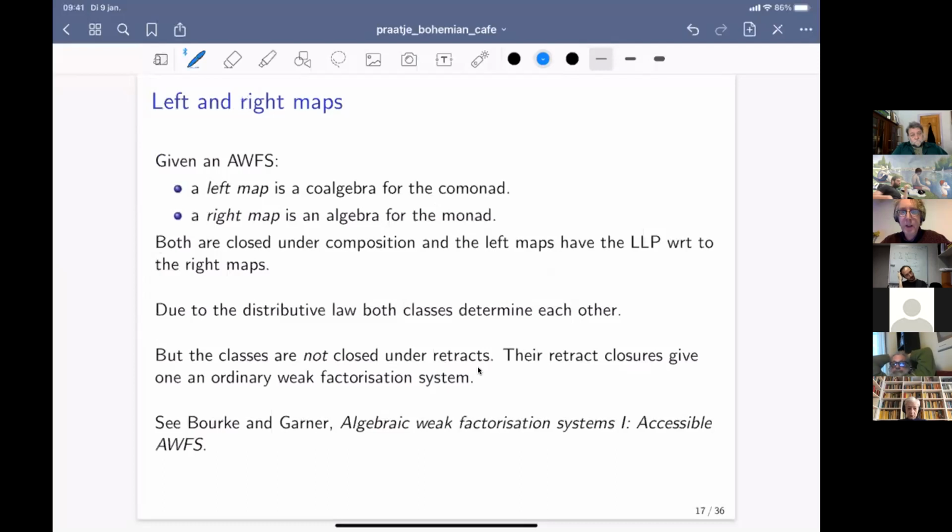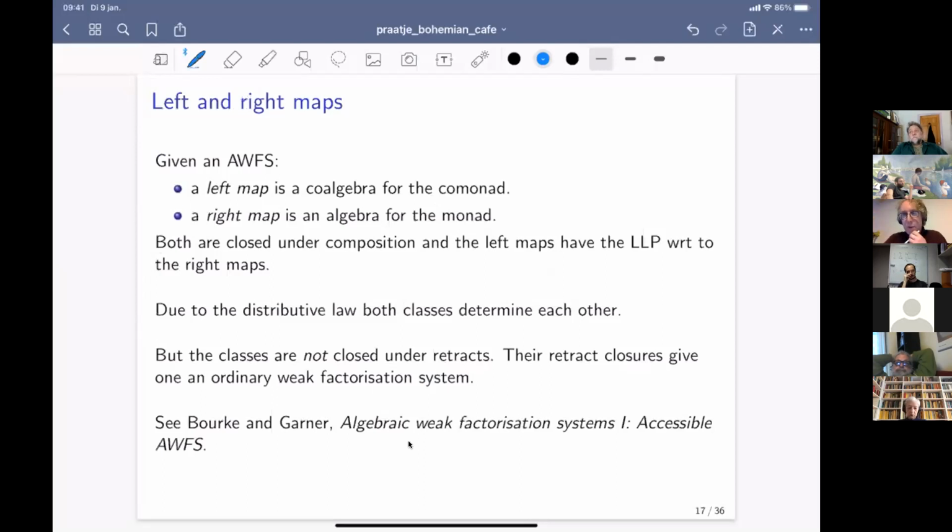In fact, the two classes determine each other completely. For that you use the distributive law quite heavily.